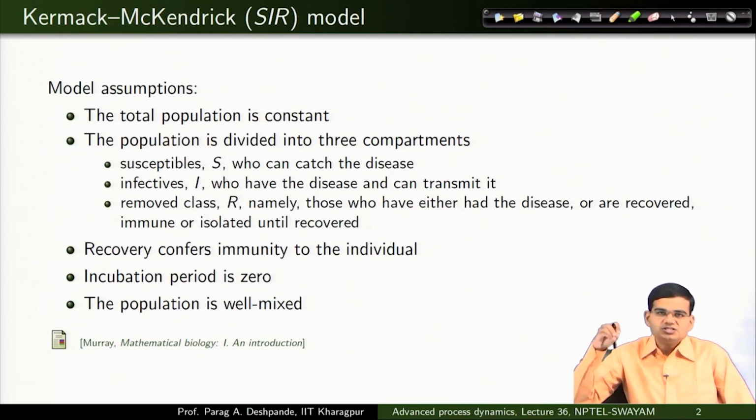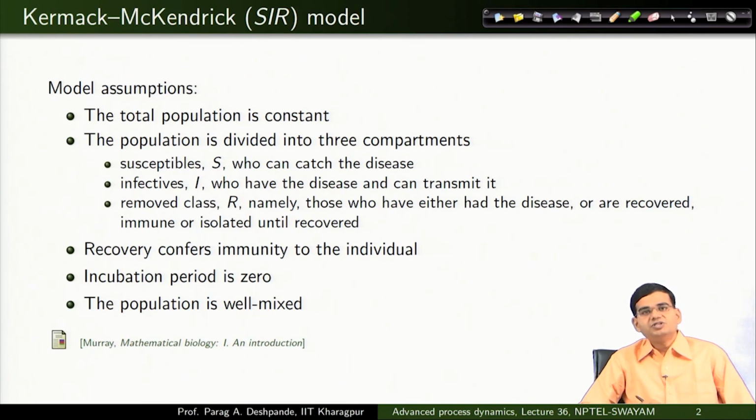If you introduce some members which are already infected in the population, then the members which are susceptible to catch this disease would be referred to as S, which means susceptibles. The second compartment is infectives, I.